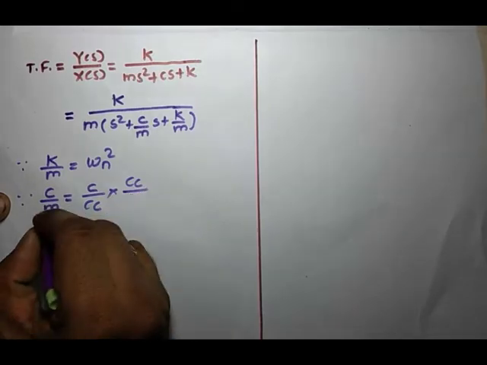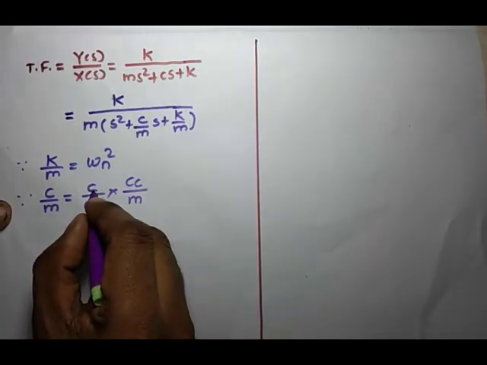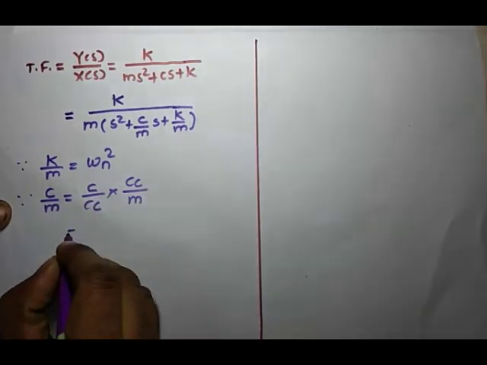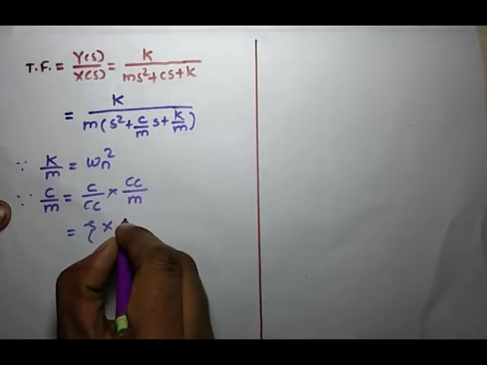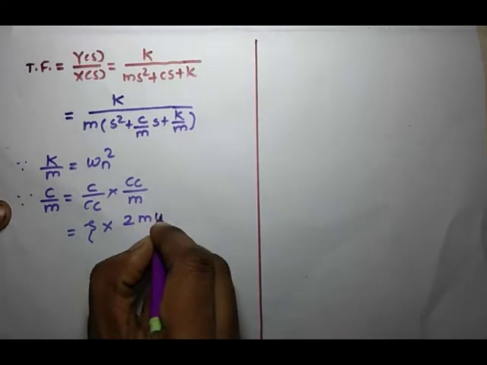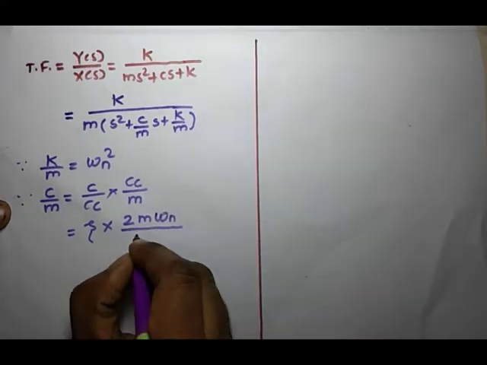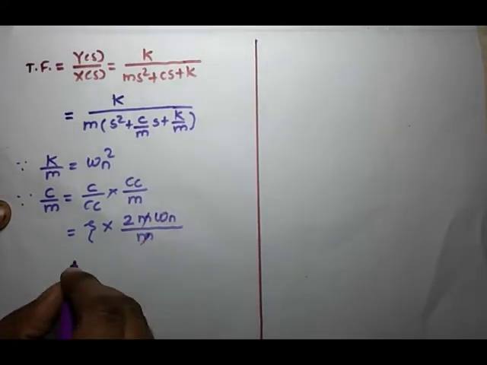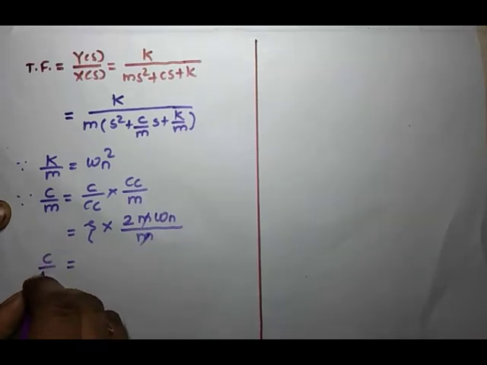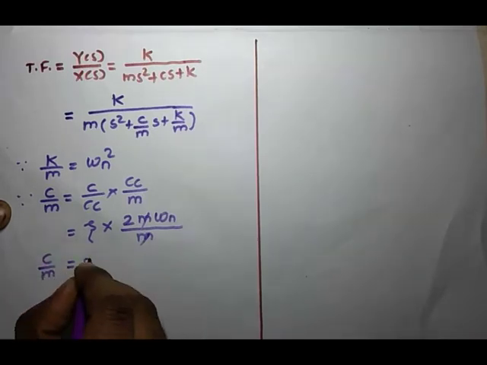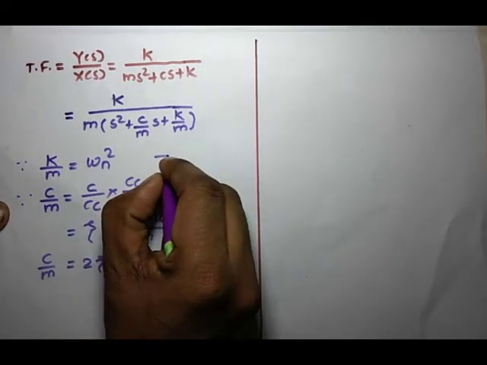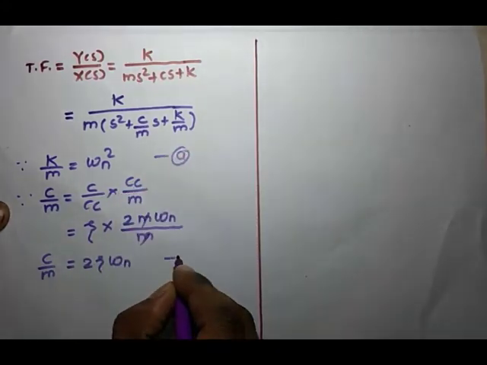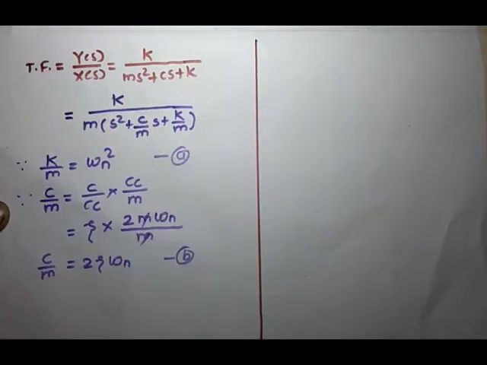This will not affect the ratio, but we know by definition that c upon cc is the damping ratio, and cc value is equal to 2m omega n over mass. So mass gets cancelled. So we got c upon m is equal to 2 zeta omega n. So we'll substitute these a and b in the above equation, equation number 1.